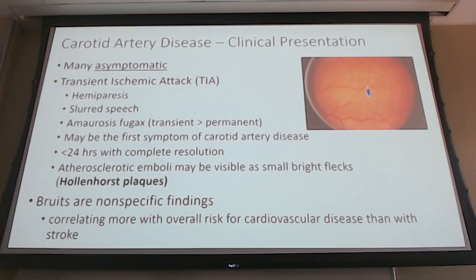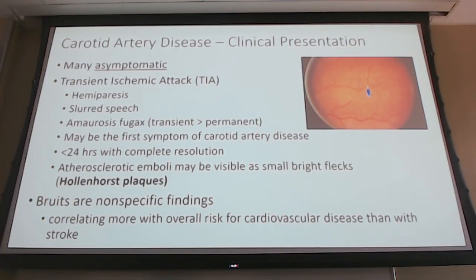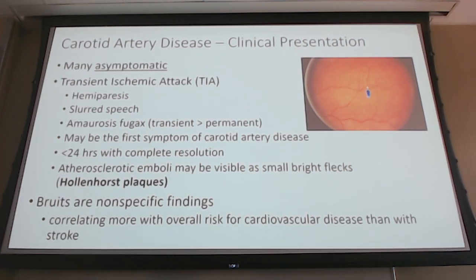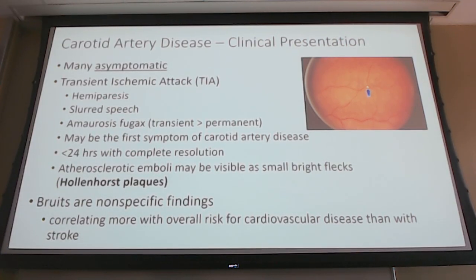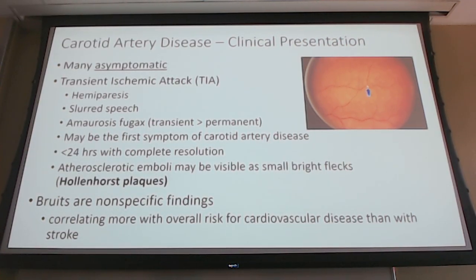The amaurosis fugax, which is the loss of vision, okay, could be transient, could be permanent. This may be their first symptom. And meaning transient, right? It comes and goes. So it'll happen, they have some weird things, they may not be able to speak right. Normally it resolves before 24 hours.